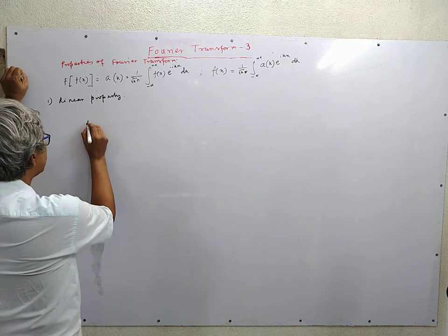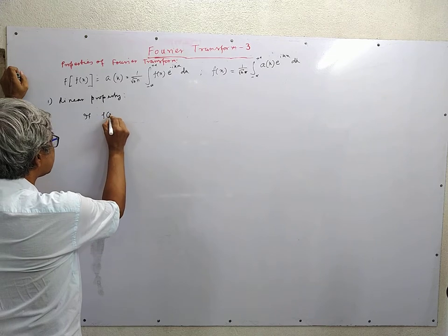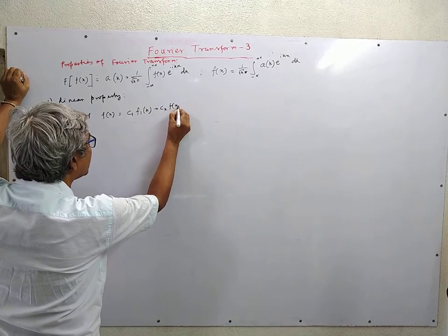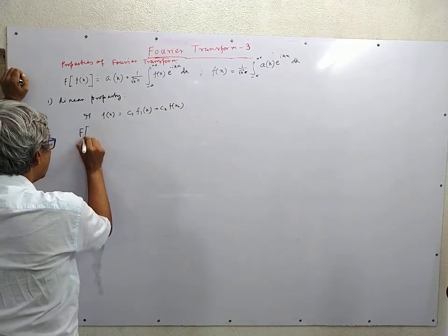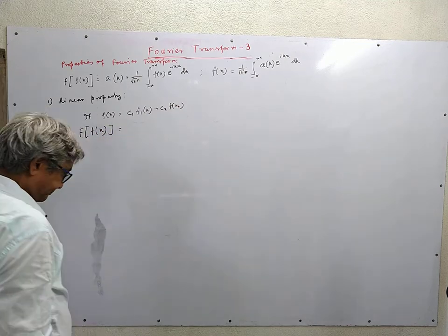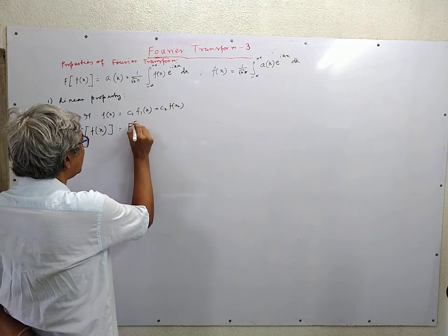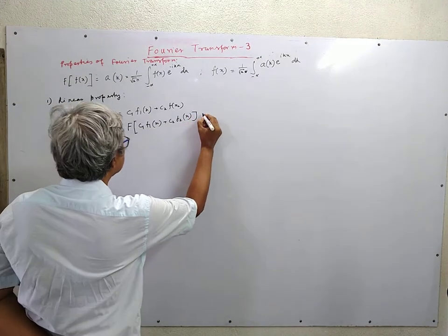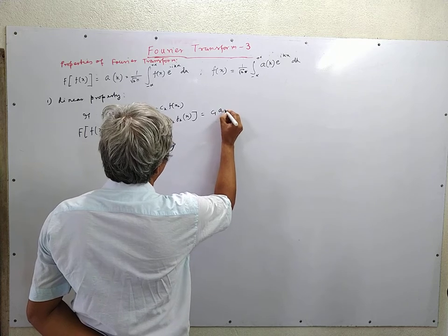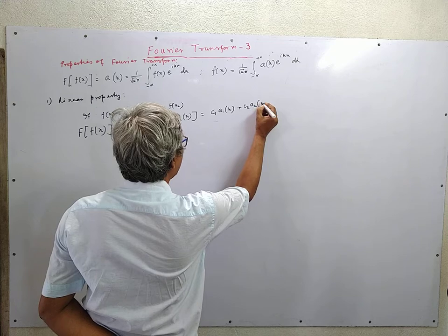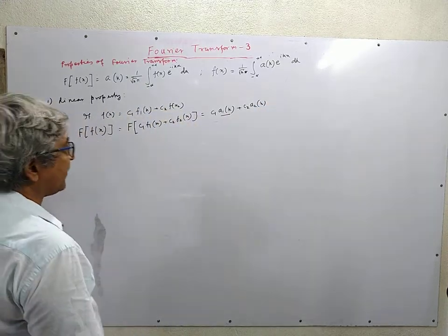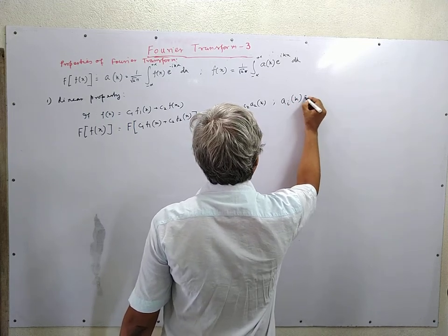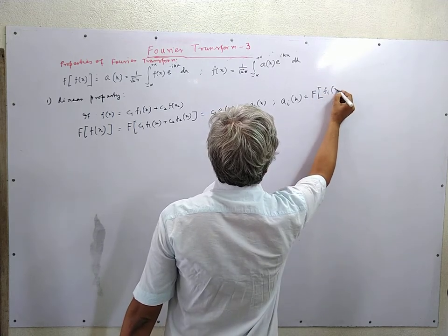That means if we have a function f of x, if f of x itself is a combination of two functions like this, then as per the statement, this is C1 A1 of k plus C2 A2 of k, where Ai of k is the Fourier transform of Fi of x.